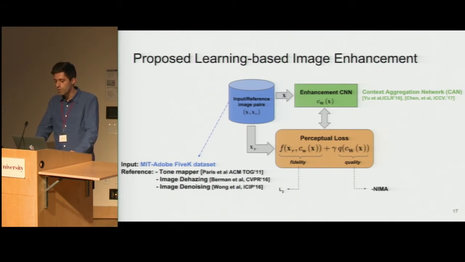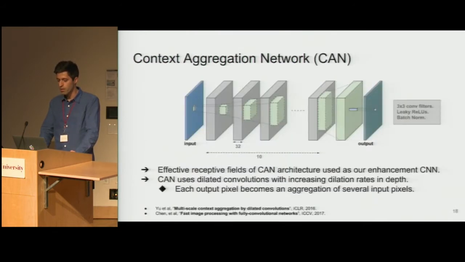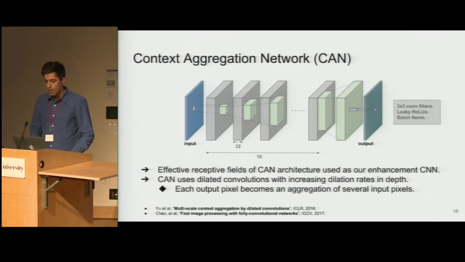It was introduced quite recently and was used for approximating image processing operations efficiently, and mainly was used for image segmentation. I'll go into a little bit of detail on CAN, and then I'll show you some experimental results.